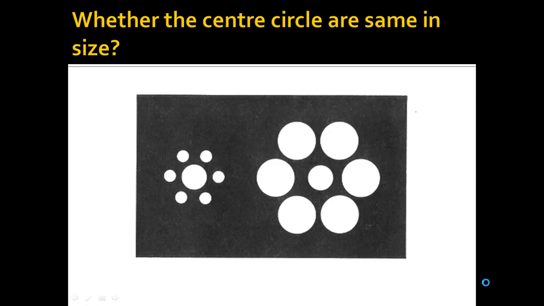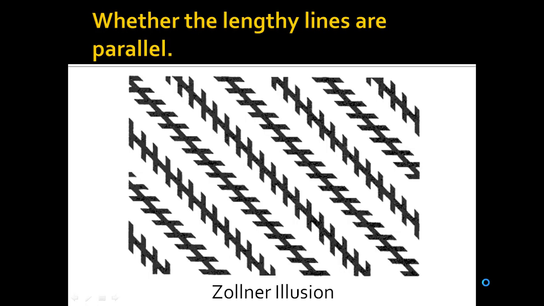So what does this depict? It depicts how we perceive and process information, because the placement of the surrounding elements can change our perception of the center element. Now, this is the Zollner illusion, and the question is whether the lengthy lines are parallel.